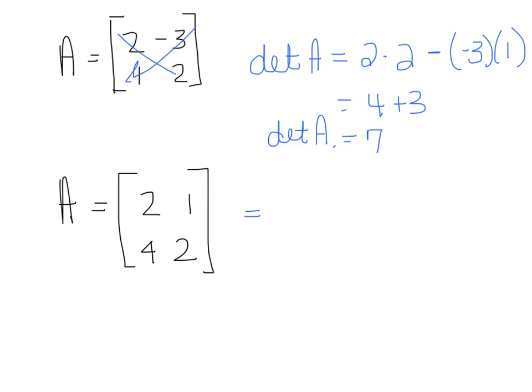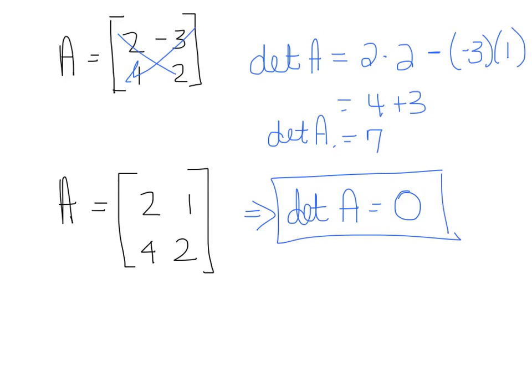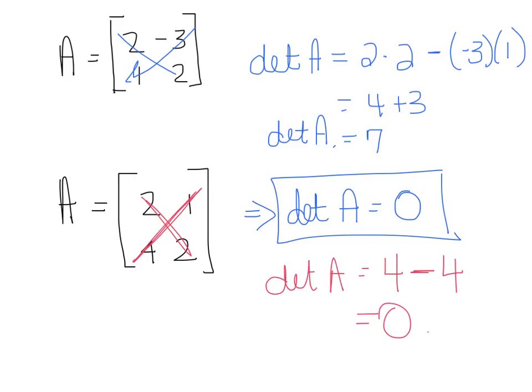I'm going to get the determinant of A is 4 minus 4, 0. I got 0. Okay, how did I do that if you want to see it? I took 2 times 2 and got 4, minus, take 1 times 4 and get 4, and that's how I got my 0.